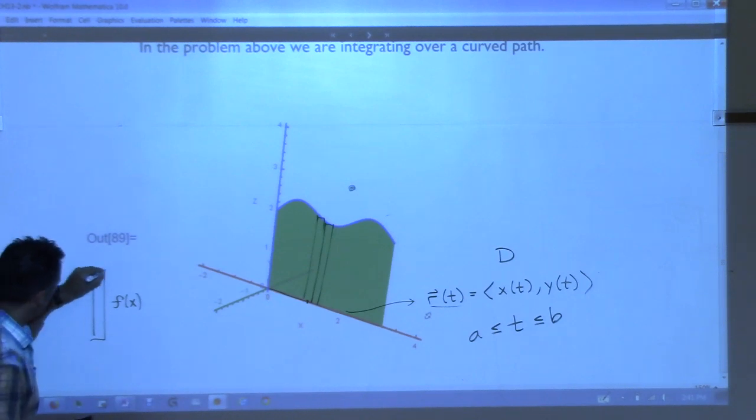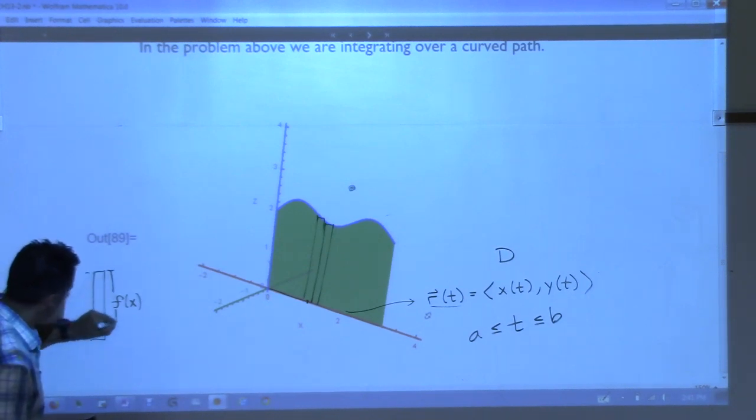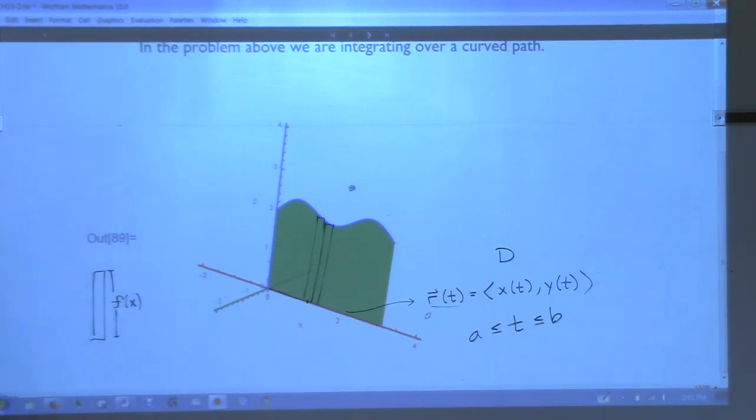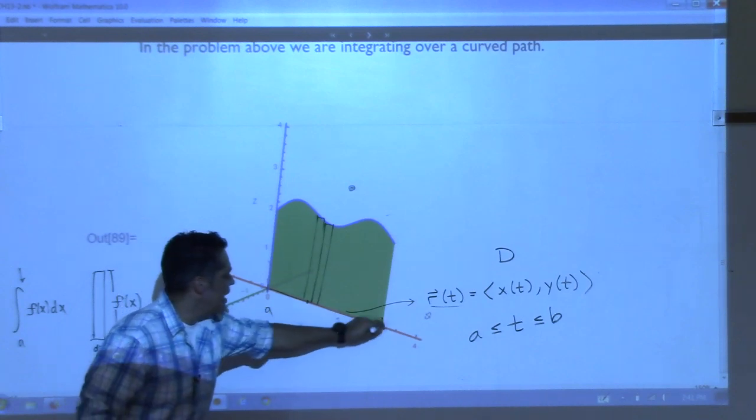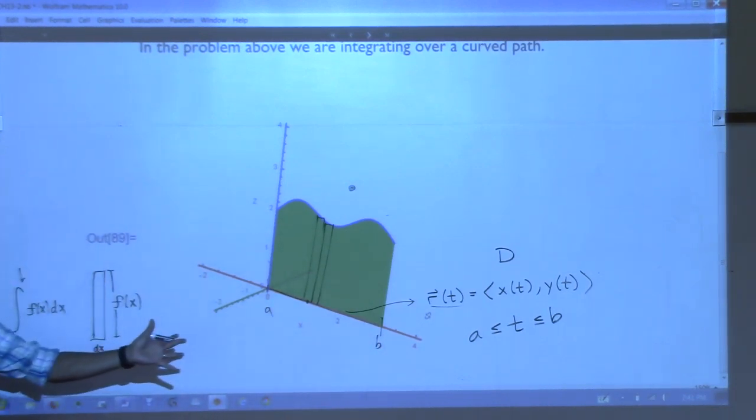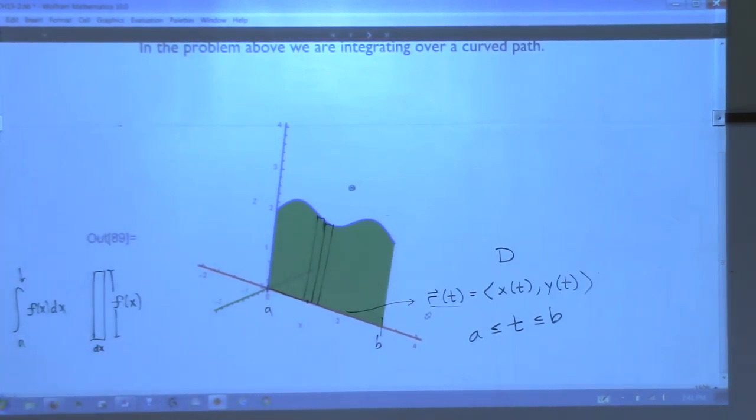That would be the height of the function from here down to here. And then how wide was it? That's your dx, right? That's why we did the integral of f of x dx, and then we went from a to b, and that was our endpoints a and b, right? So that's Cal 2.